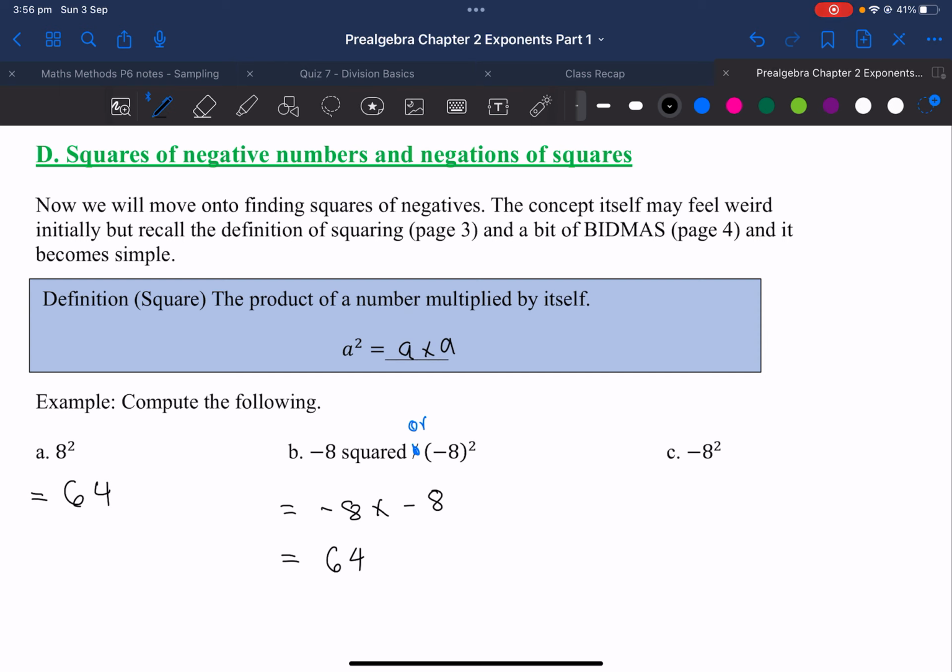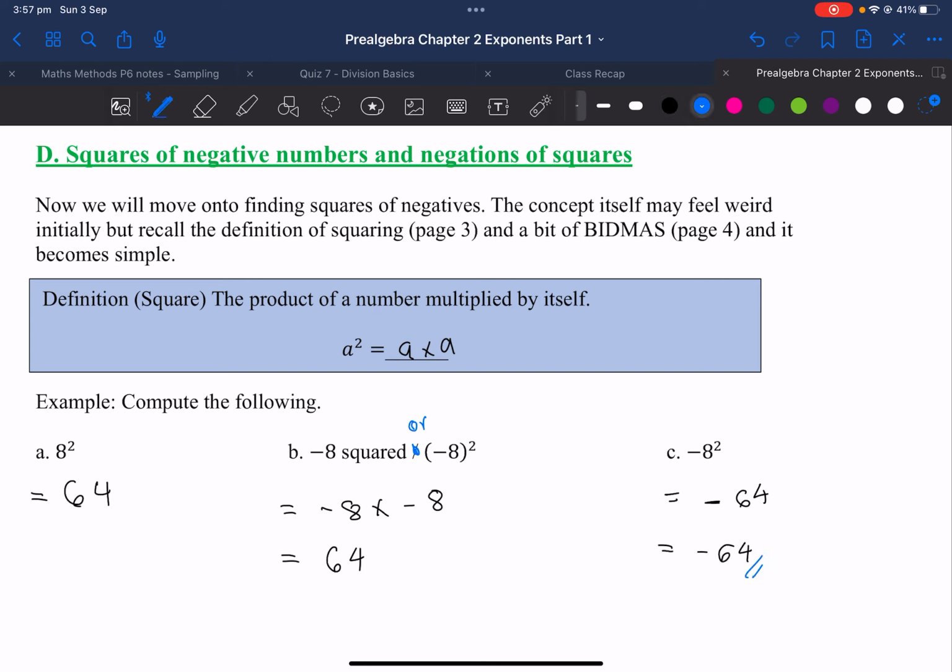Well, here what we had was negative 8 being squared. But remember BODMAS: what do you do first, the negative or the square? The square, because negative is the same as multiplying. Negative means multiply by negative 1. So you do the square first. When you do 8 squared, you get 64, just like we did in part A. But then you do the negative after that, because negative means multiplication, and you do multiplication after powers. So its answer is actually negative 64.